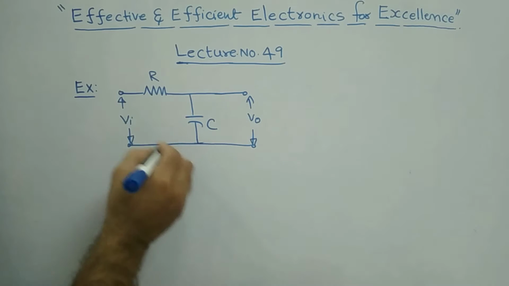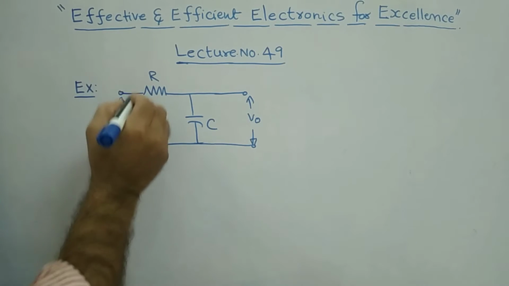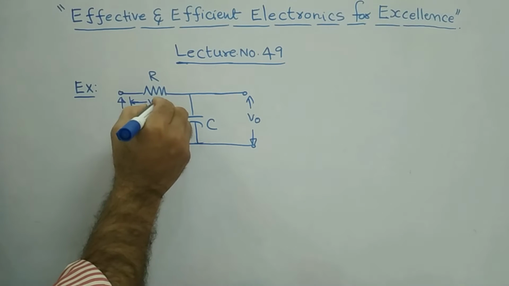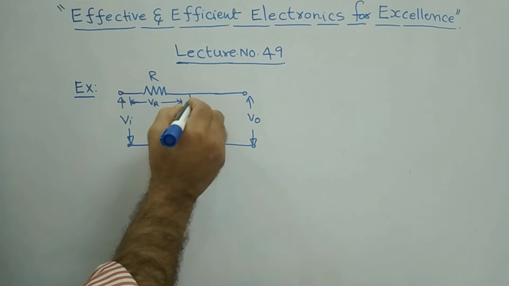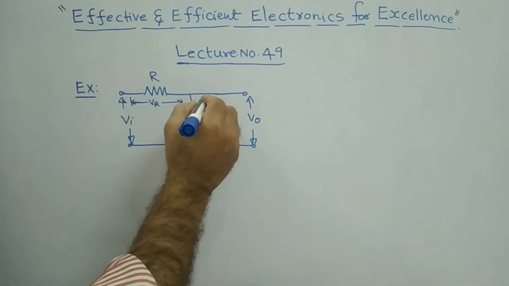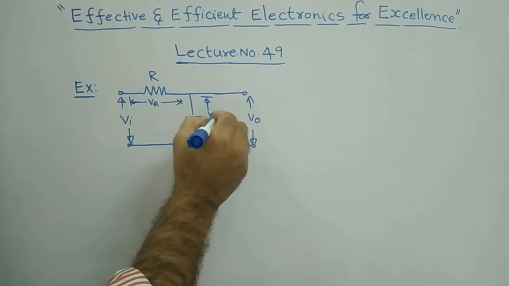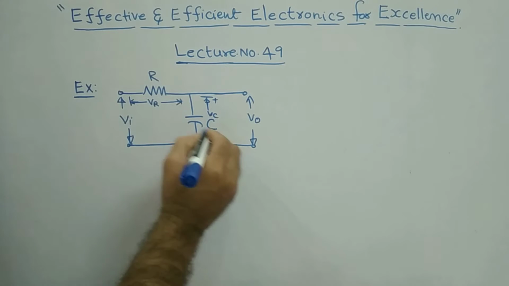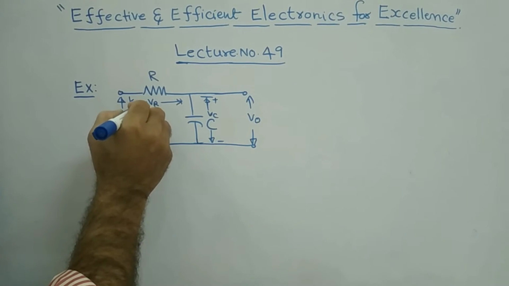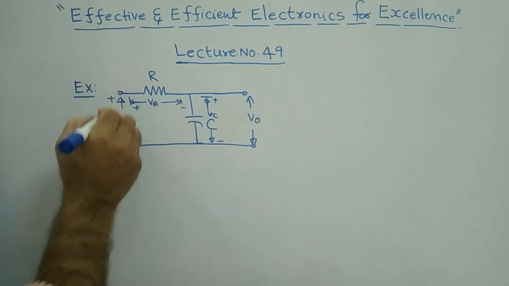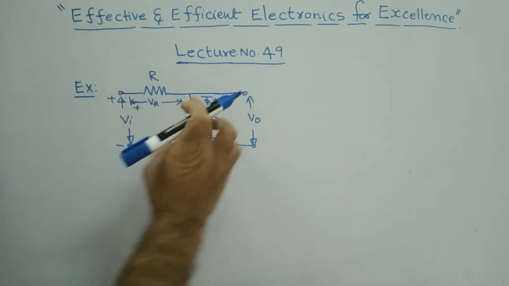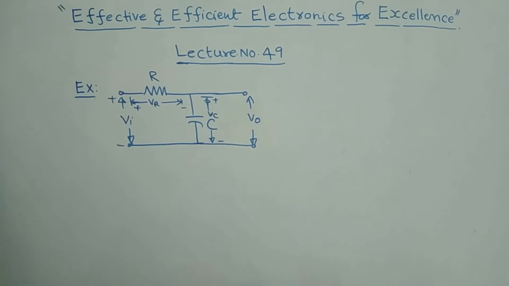For this particular circuit, V suffix R is the voltage across the resistor, and V suffix C is the voltage across the capacitor, with plus and minus polarities marked.